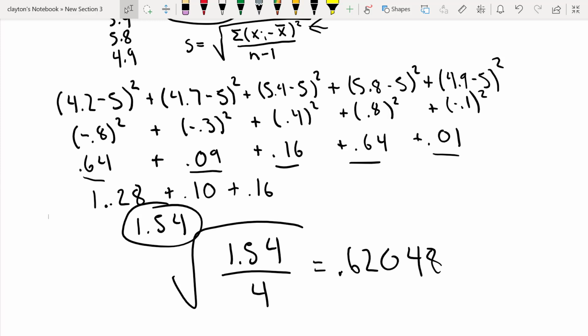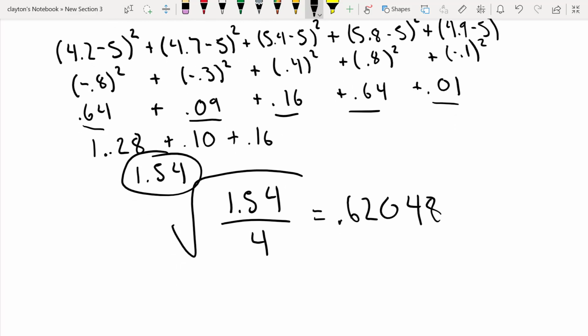This is 22, I believe. He wants one decimal. Okay, I was looking at the wrong one. So he just put 0.6 for your sample standard deviation.